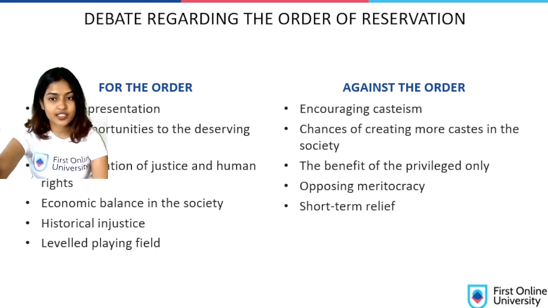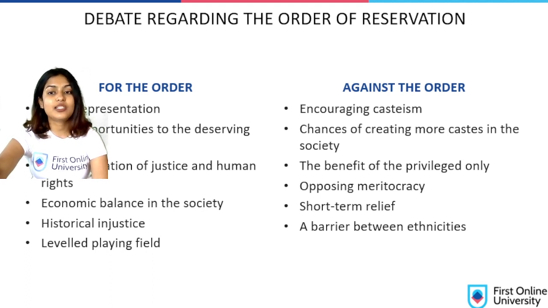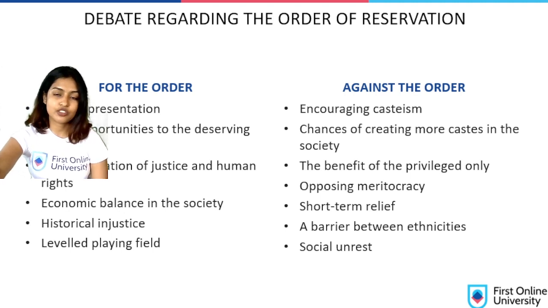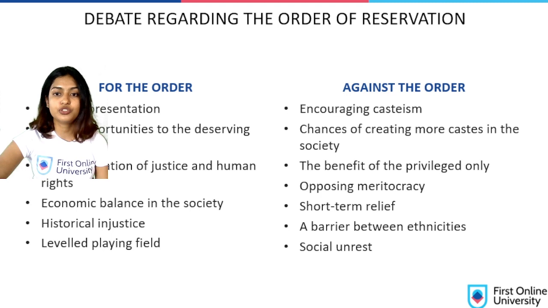It was just a short-term relief. And it created a barrier between ethnicities. With a country like India which has many ethnicities and different cultures and traditions, this reservation concept was creating a barrier. And there was definitely social unrest. Many protests came, many opinions were given, and many more protests led to social unrest.